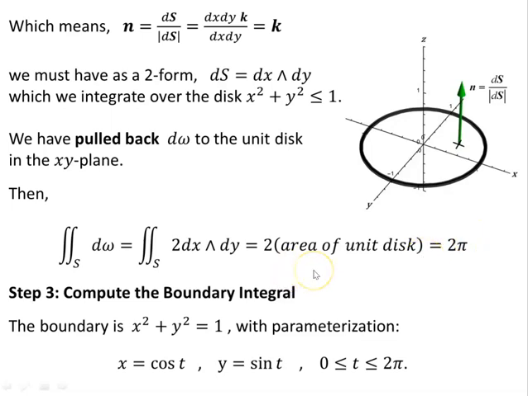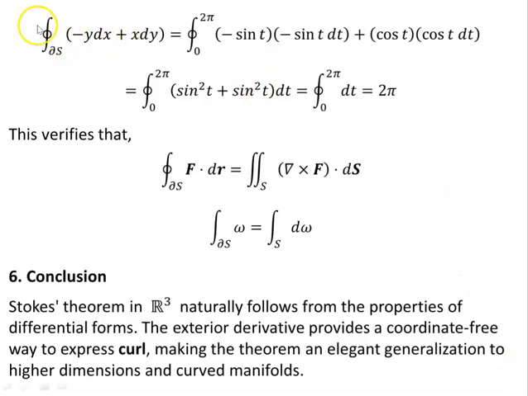Next step, compute the boundary. The boundary is x squared plus y squared equals 1 with the natural parameterization x is cos t, y equals sine t, and t is between 0 and 2 pi. When we do that, over the closed boundary partial s of the 1 form, we substitute in minus sine t.